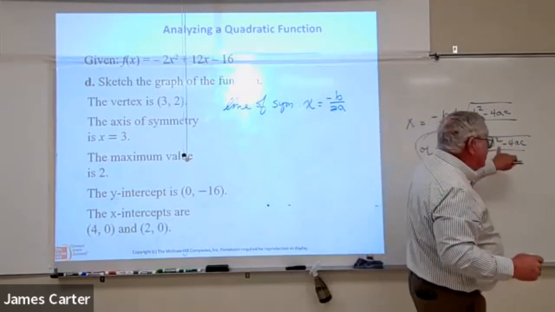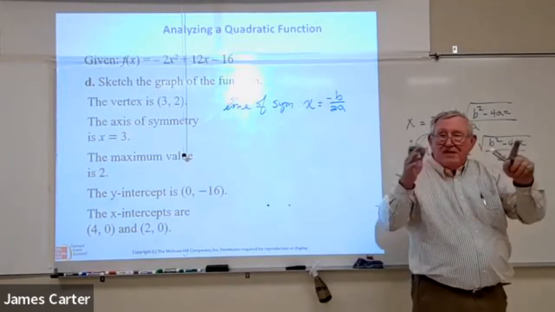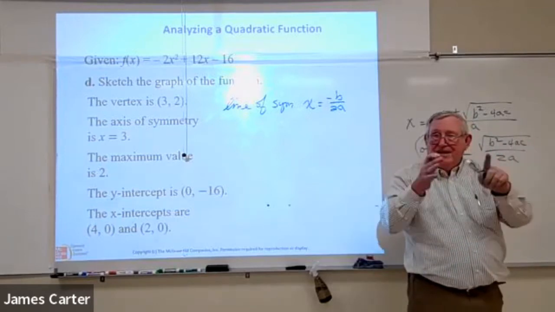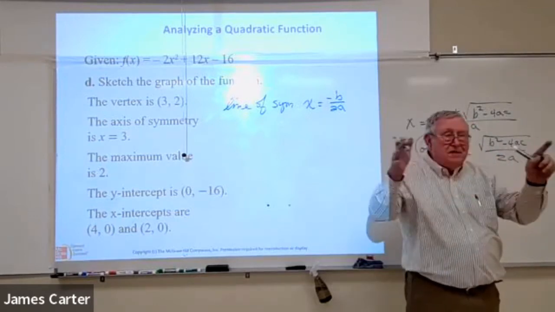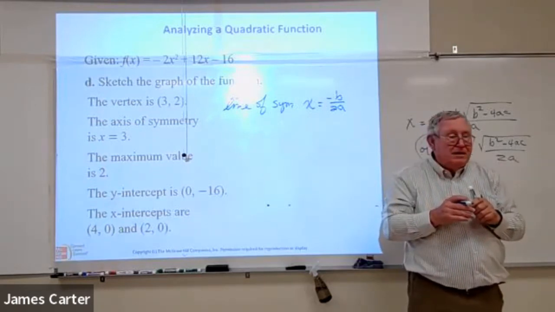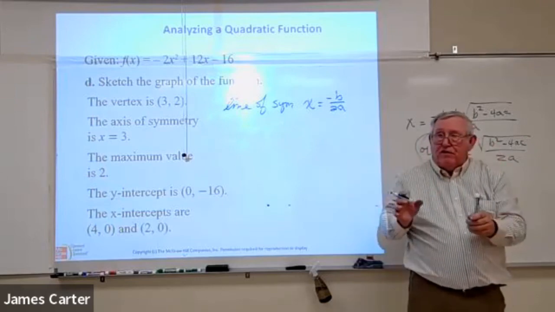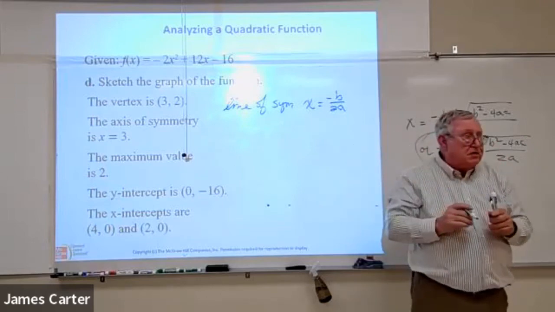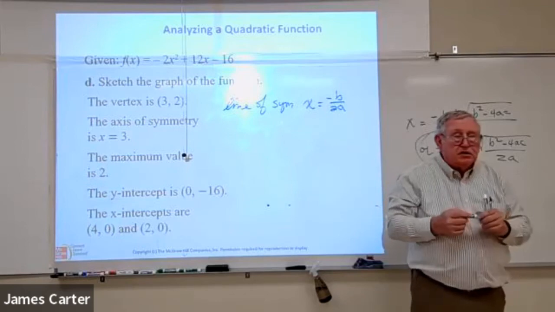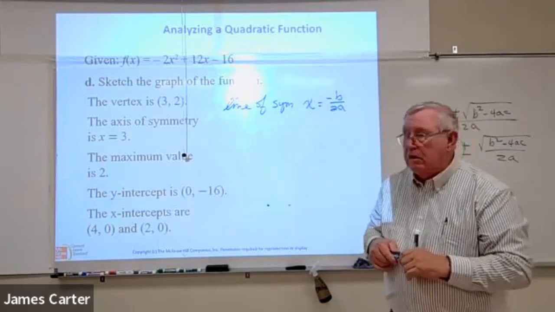And this tells you the spacing on the x-axis away from that line of symmetry. It tells you how far over that way and how far over this way from that line of symmetry it is. So that's what the quadratic formula really does for you.